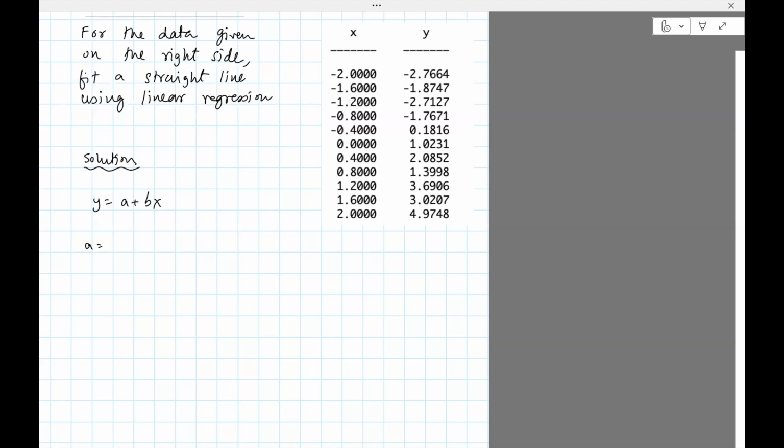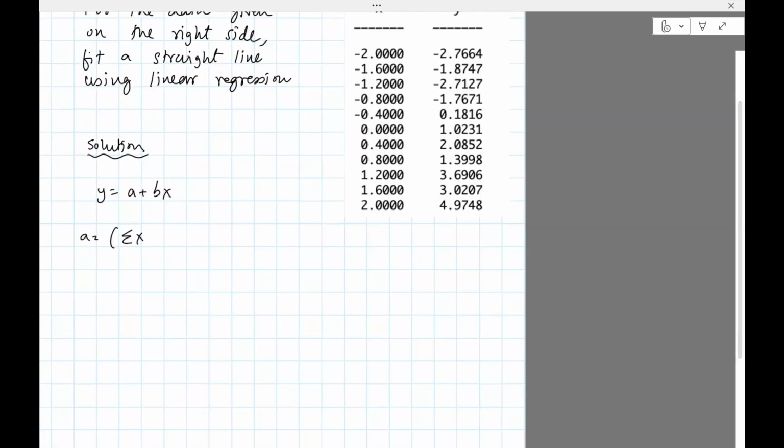And we know that a is summation xi yi minus summation xi square summation y, divided by summation xi square minus n times summation xi square.